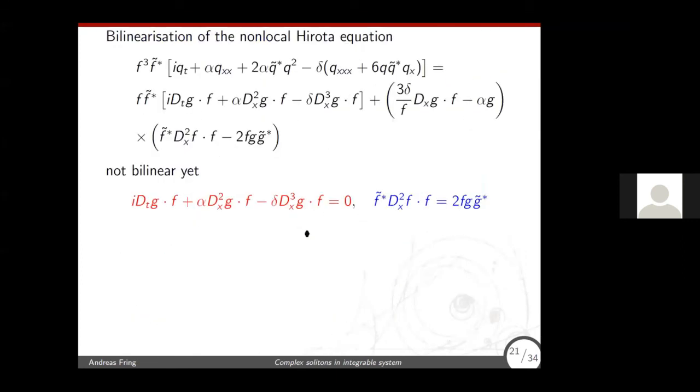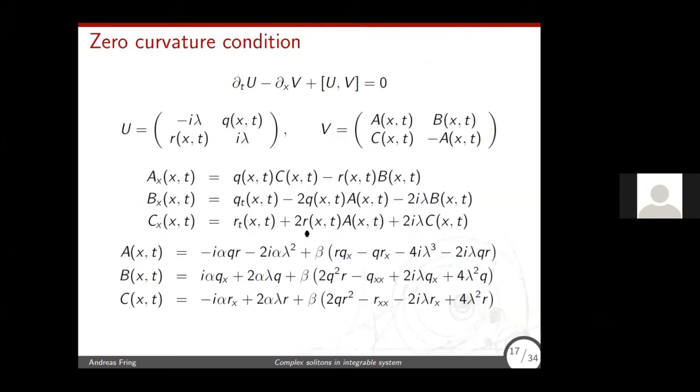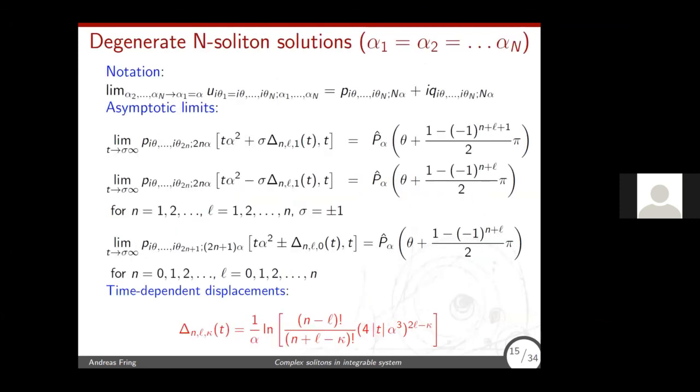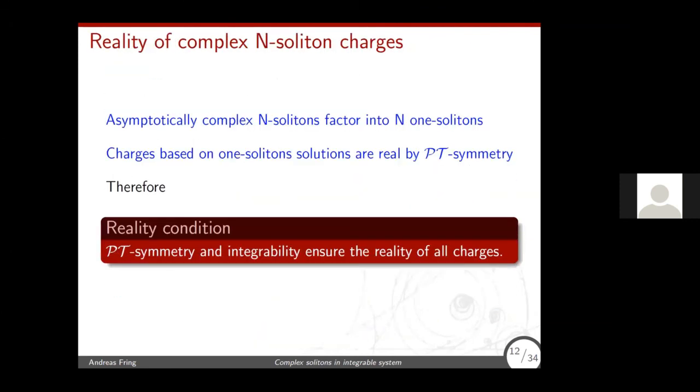But your argument for the multi-soliton was based on separating the solitons far apart. But these solitons also decay. They have exponentially decaying tails. So how do you know you don't get tiny, exponentially small imaginary parts in the energy or momentum, or whatever physical quantity you want to calculate?